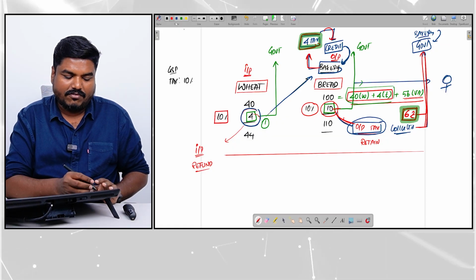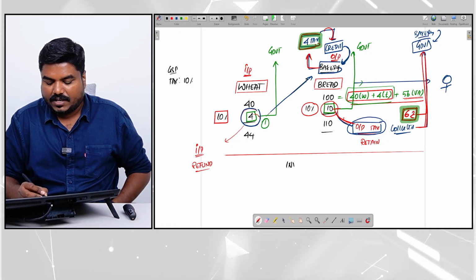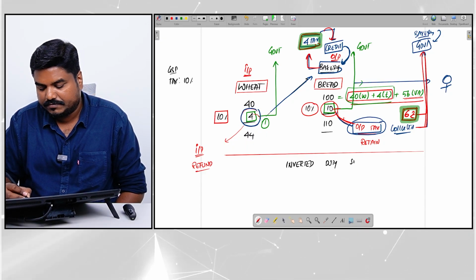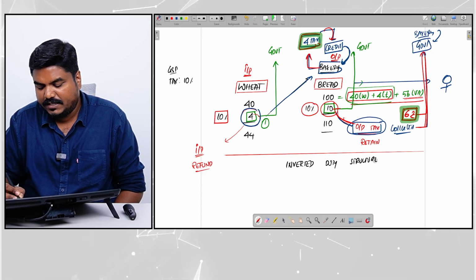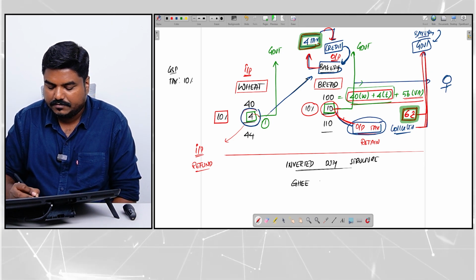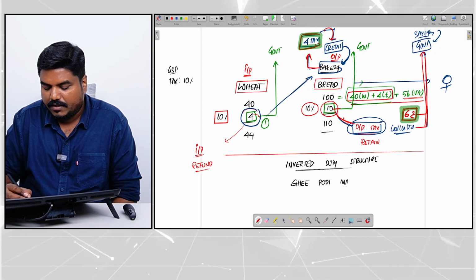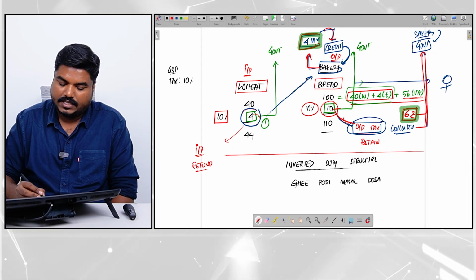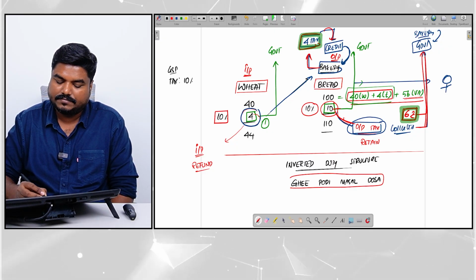Now coming to inverted duty structure. It is very simple. Think of a ghee podi masala dosa.